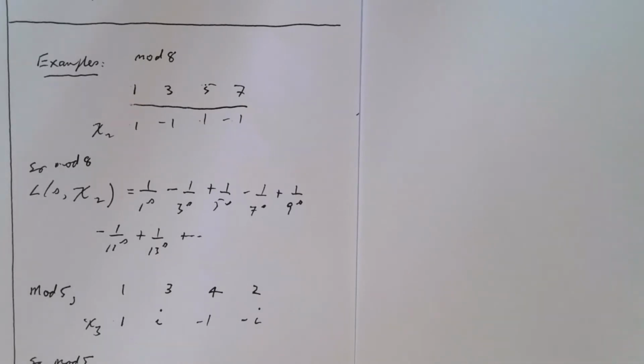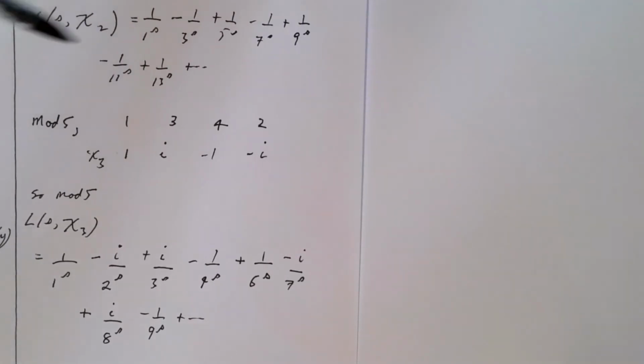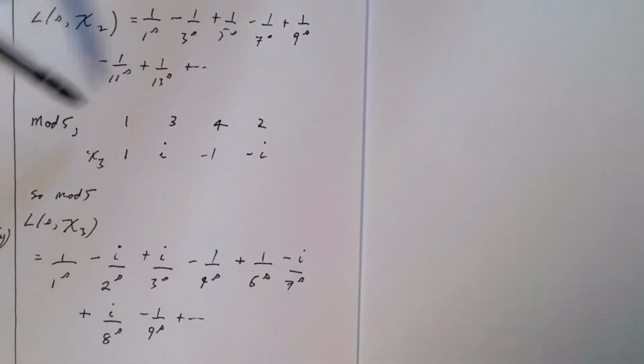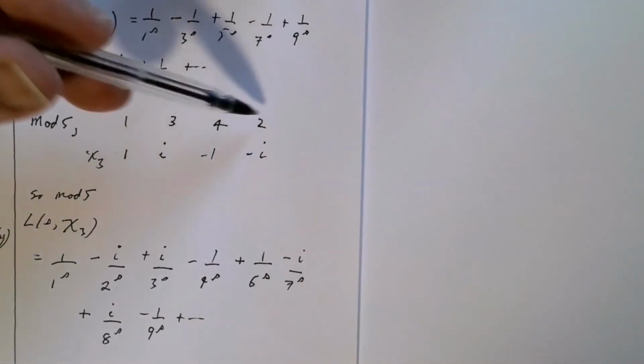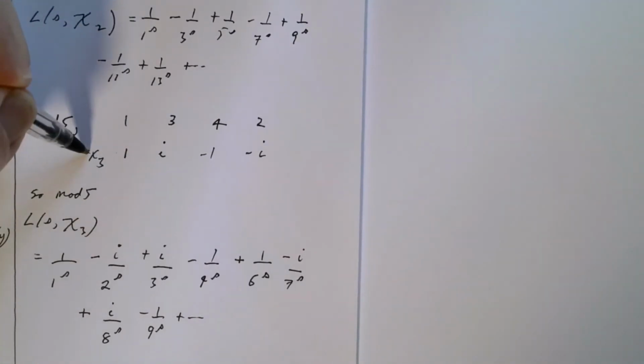Just as another example, if we look mod 5, this is an ordinary character. So in U5 we have 1, 3, 4, 2, 3 is the generator. And one of the characters we did in an earlier example was chi3, which maps 1 to 1.